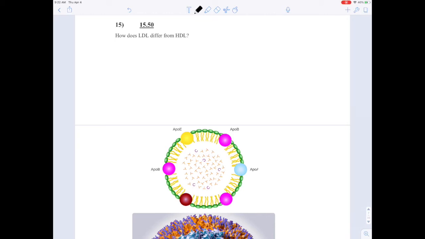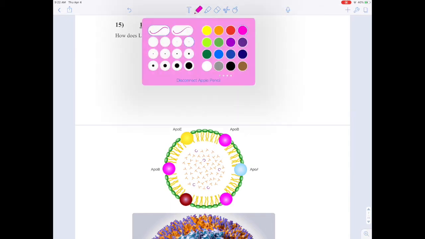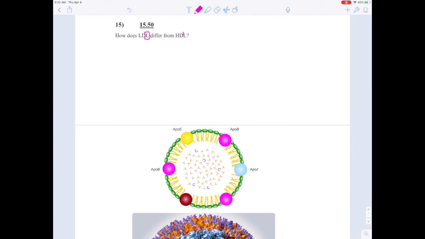Chapter 15, question 15 is asking, how does LDL differ from HDL? The last L here is standing for lipoprotein.